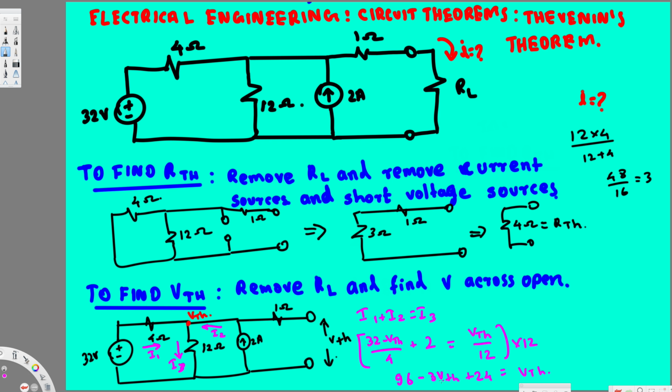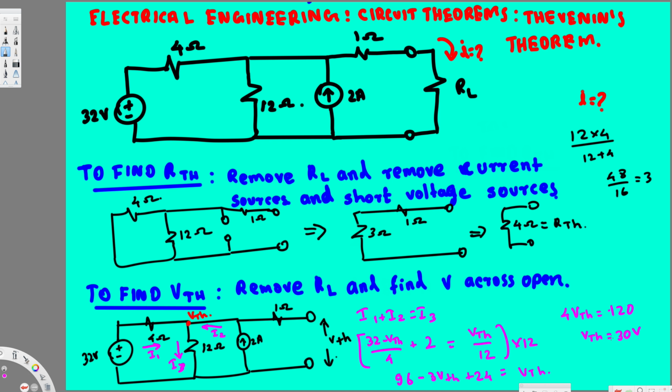If we bring this Vth to this side, 4 Vth is equal to 24 plus 96, that's 120. Therefore Vth is equal to 120 over 4, that's 30 volts.